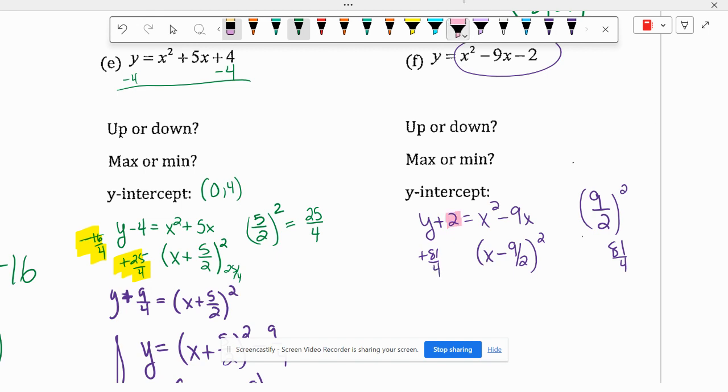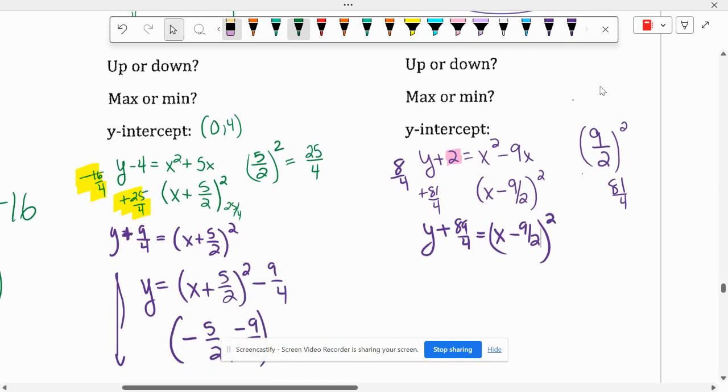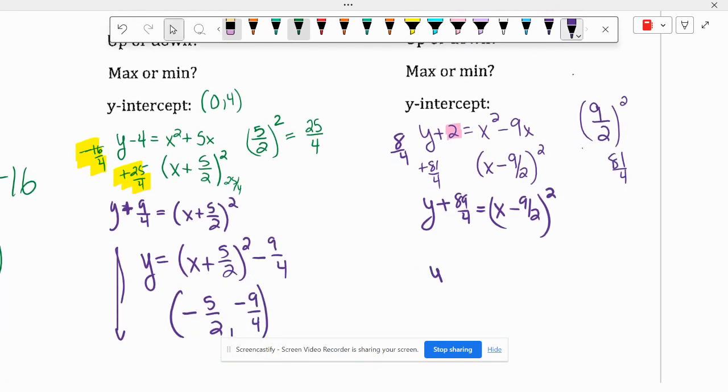Well, this whole number 2 is the same thing as 8 over 4. 8 over 4 plus 81 over 4 is 89 over 4, equals (x minus 9/2) quantity squared. Last step, you're going to subtract that 89/4 from both sides. So y equals (x minus 9/2) quantity squared minus 89/4.